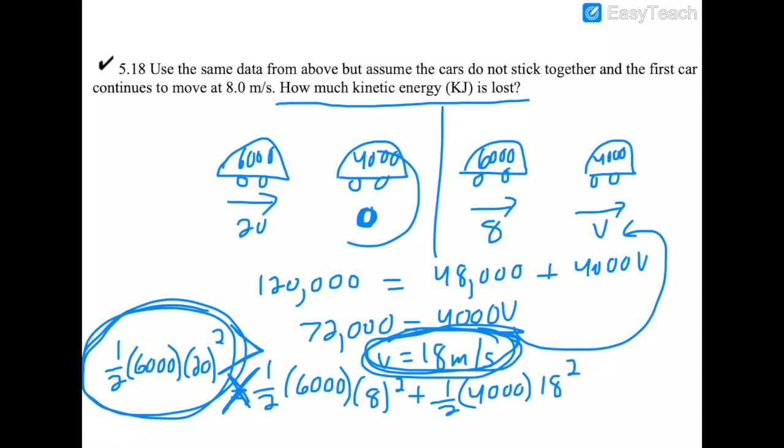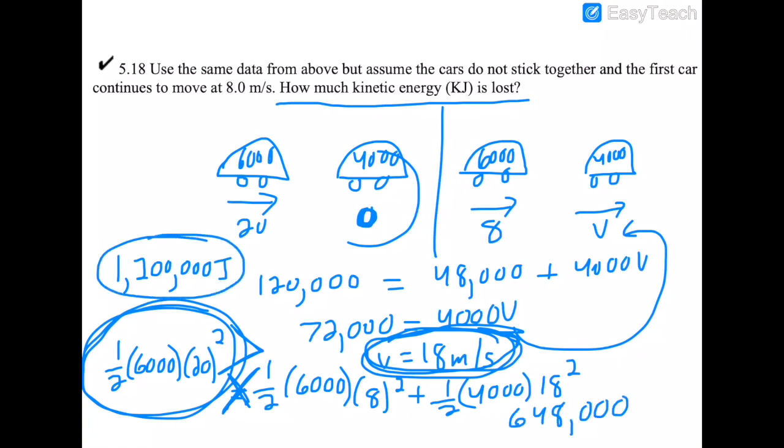It'd be 0.5 times 6,000 times 20 squared, and that's a lot: 1,200,000 joules of energy before the collision. Afterwards, 0.5 times 6,000 times 8 squared equals 192,000.